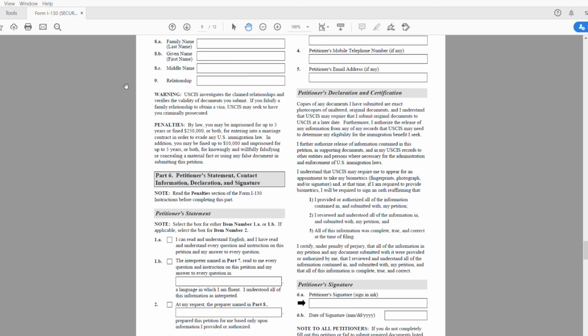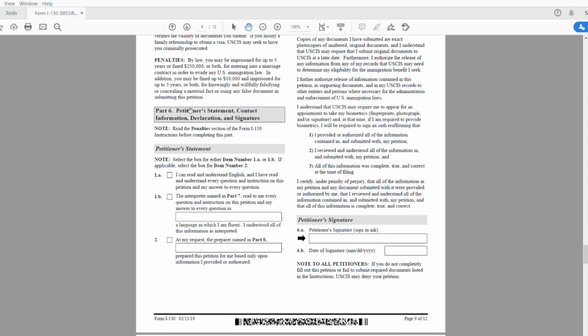Part 6, Petitioner's Statement, Contact Information, Declaration, and Signature. So here you would indicate one of the following boxes. Here, Mr. Patel states that I can read and understand English, and I have read and understand every question and instruction on this petition and my answer to every question.